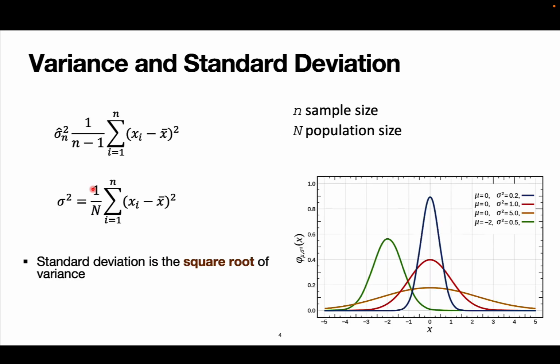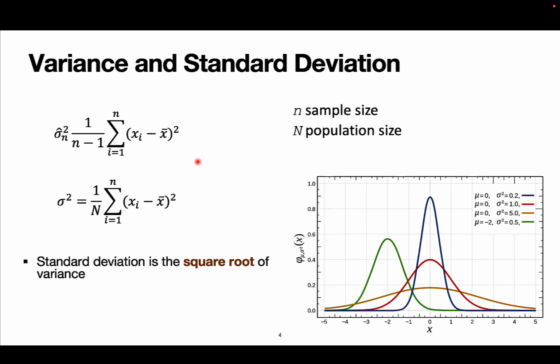Here are the formulas to compute the variance and, by extension, the standard deviation. What happens here is we find the deviations from the mean, square them, and find the average. In other words, the variance is the average of squared deviations from the mean.